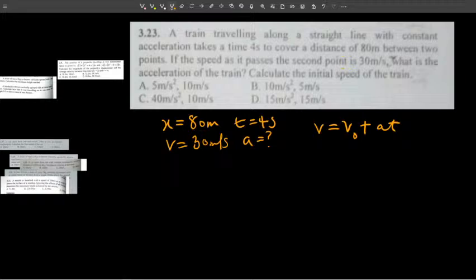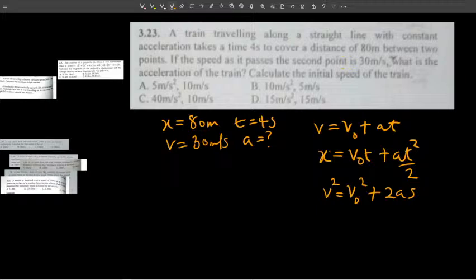But what other formula do we have? We have s, or x rather, equals v naught t plus a t squared over 2. Can we use this? No, because we don't have a and we don't have v naught either. What about v squared equals v naught squared plus 2as?